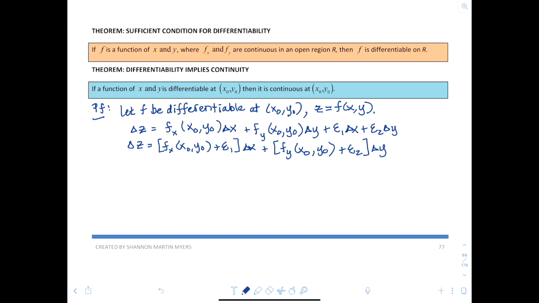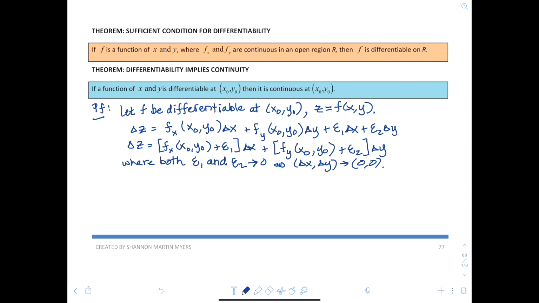Now, remember this definition said that both epsilon 1 and epsilon 2 approach 0, right? As delta x, delta y approaches 0, 0. Cool?